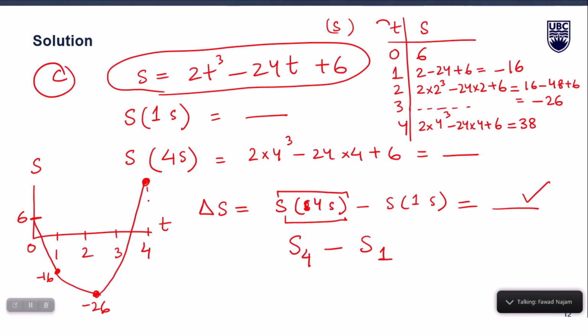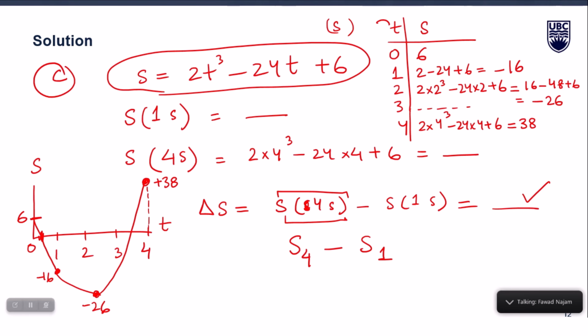So it's plus 38. Now let's try to make a picture in our mind. If I am standing at the origin, the particle started its motion at 6 meters from me towards my right, and then it started coming towards me, passed me at this particular time, and goes to my left as much as a distance of 26 meters.